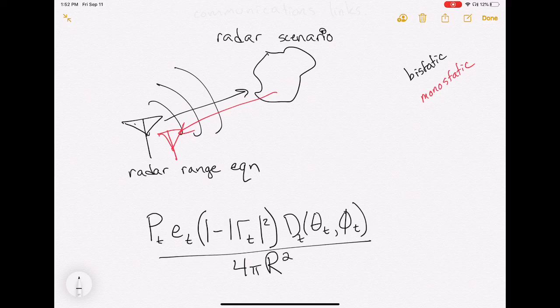Now, that incident power density hits this radar target, and the target scatters it. The target acts like an antenna itself. It sort of absorbs some of that power and then re-radiates it back out. The amount with which it does that is called its radar cross-section, and we use the Greek letter sigma for that because even though we've already used that for conductivity in electromagnetics, we're using it for radar cross-section as well because I guess there just aren't enough Greek letters.